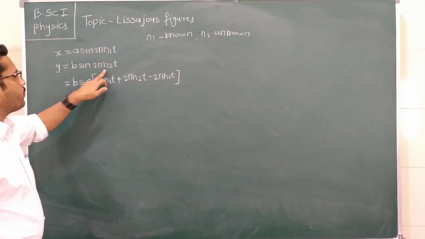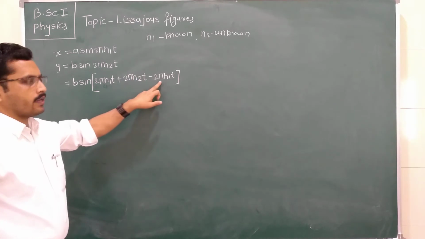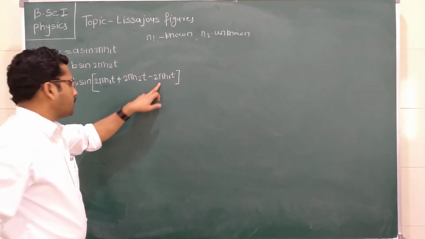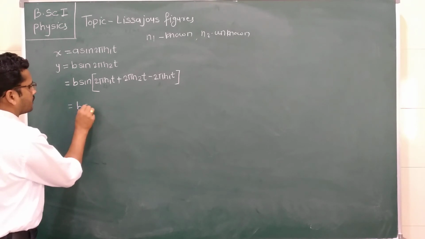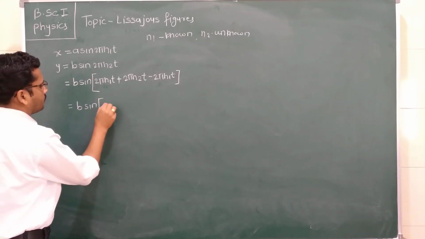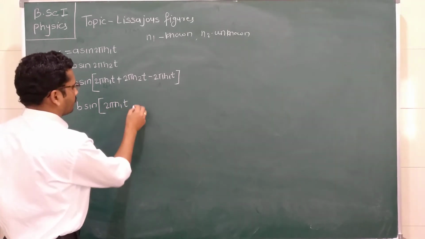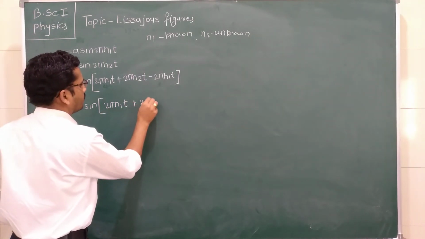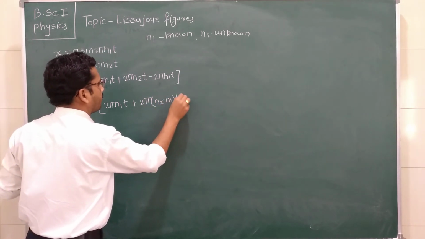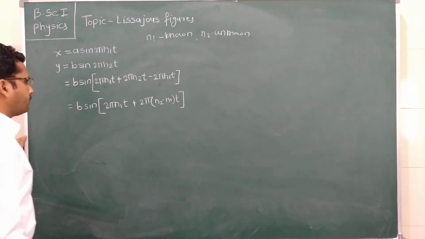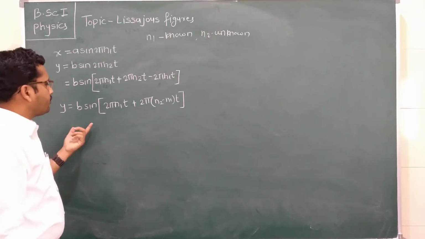We know this is 2 pi n2 t, so we add 2 pi n1 t and we subtract it, so there is no difference between the equations. So we can write this equation as b sin of 2 pi n1 multiplied by t plus 2 pi (n2 minus n1) multiplied by t. Okay, so this is the resultant displacement.